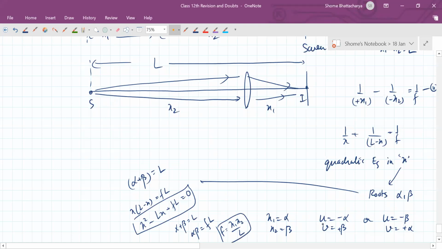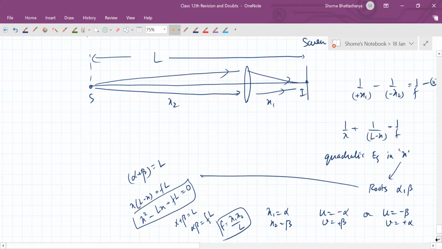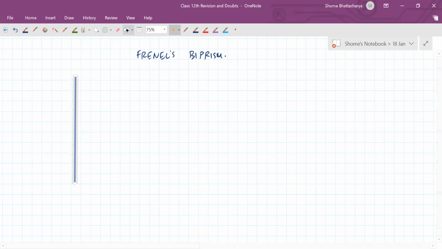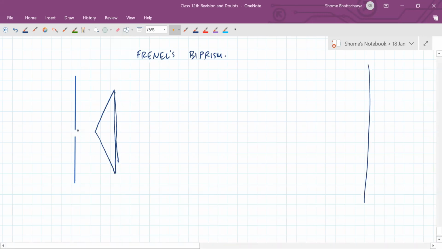Now, that kind of concept we will use in Fresnel's biprism. So in Fresnel biprism, as you know, the main situation you have is that you have a single slit. In front of that, you have put a biprism. And then you have the YDSE kind of setup, the screen very far away.